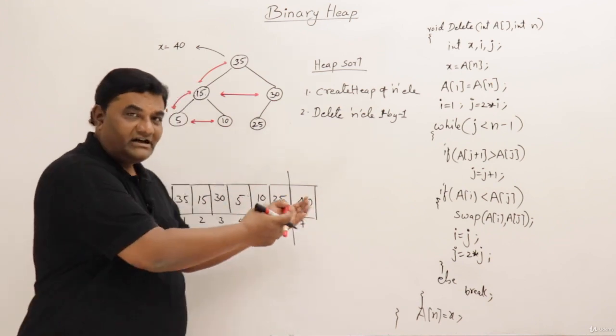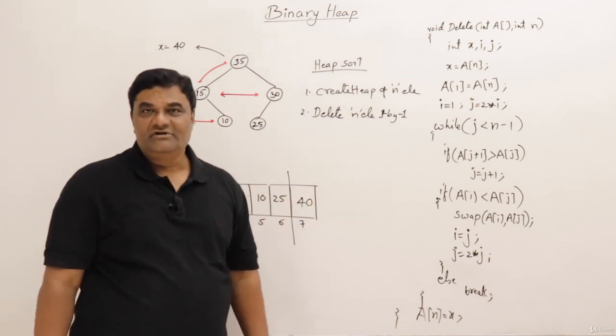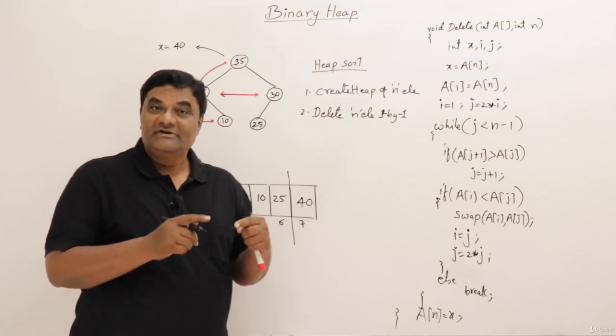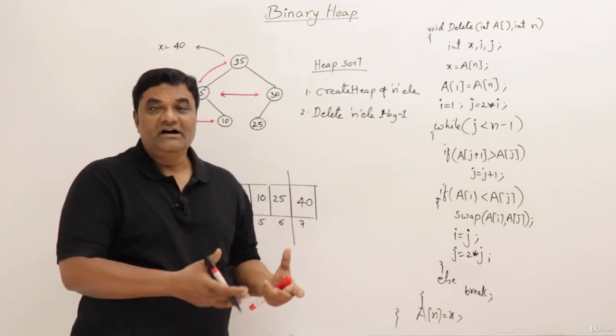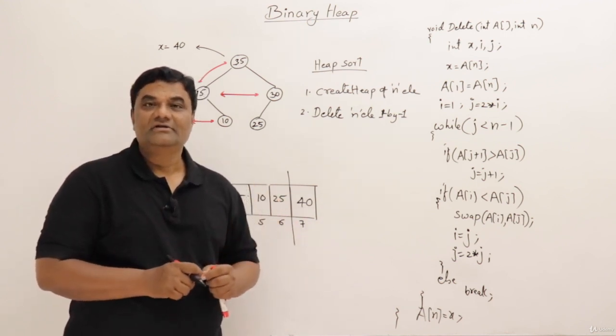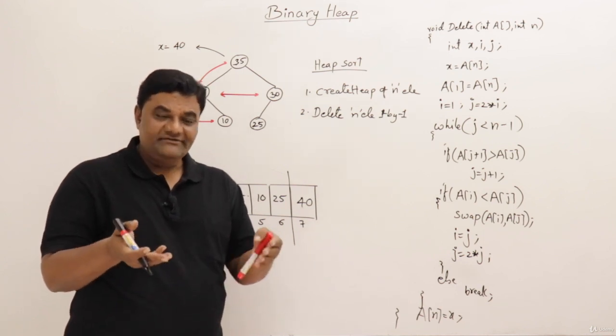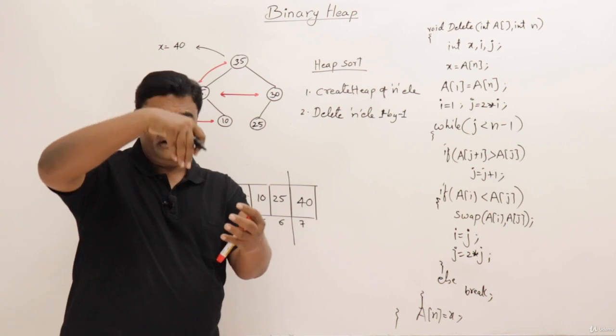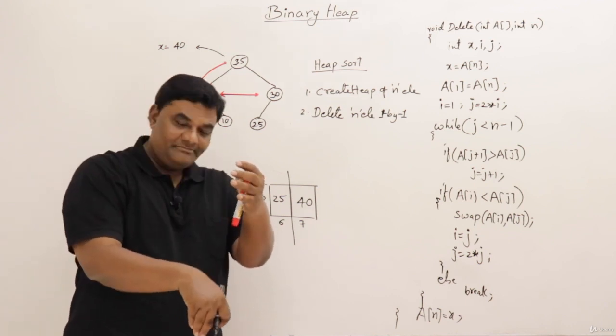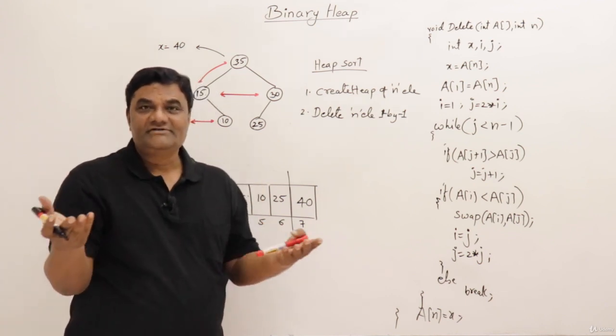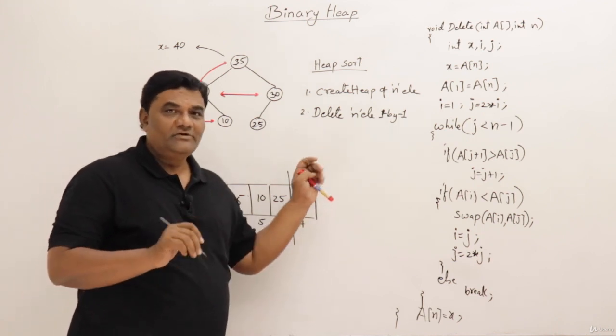The deleted elements, start arranging them. It's a heap sort. So for understanding heap sort, we must know how to create a heap and how to delete the elements from the heap. Then heap sort is nothing. See, it is just like we have some set of elements. So we are inserting in the heap, dipping in the heap and taking out the elements from the heap. They are sorted. So that's all about heap sort.